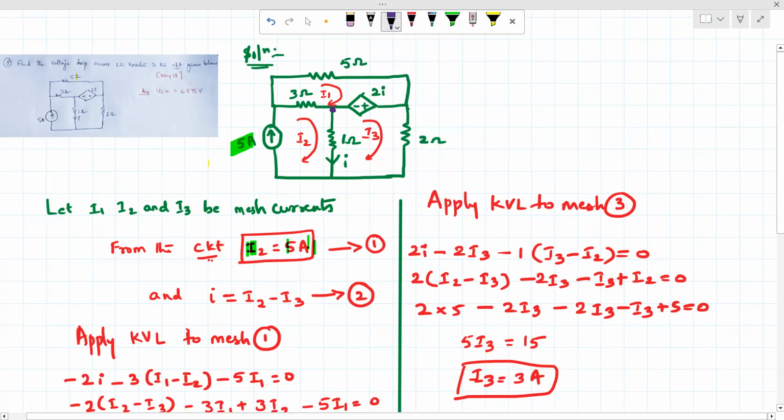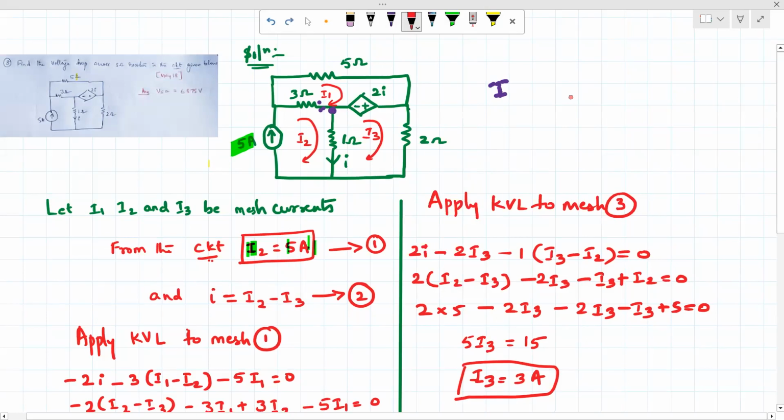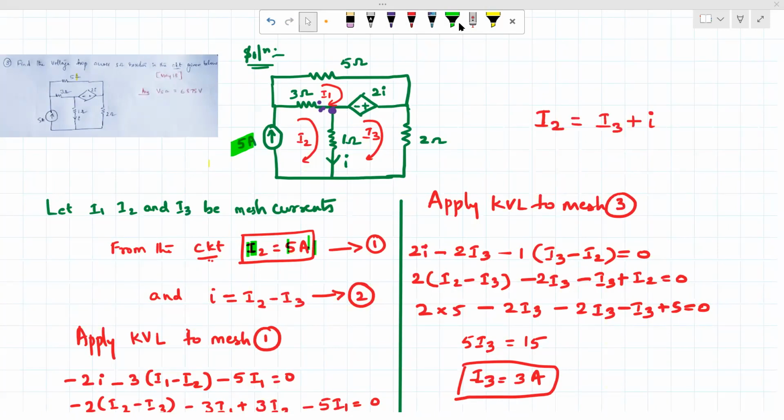You get this by applying KCL, Kirchhoff's current law, at this point. Incoming at this node is I2.